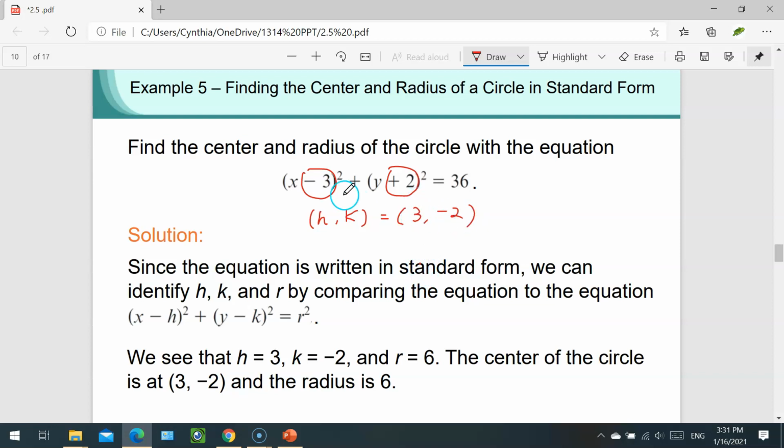When you rewrite them back to the factored form, you will get (x minus 3) and (y plus 2). The radius is found by looking at the right-hand side number and taking the square root of it. Since 36 is 6 squared, the radius is 6.